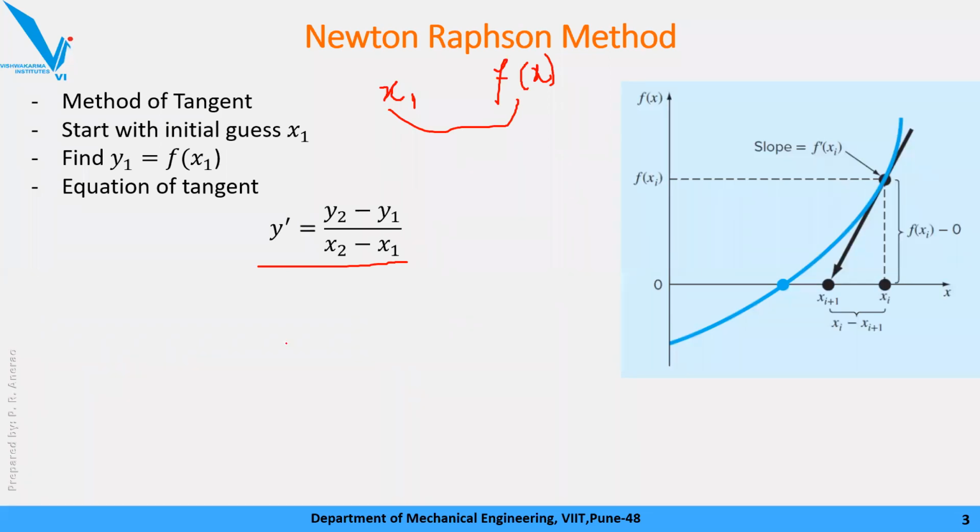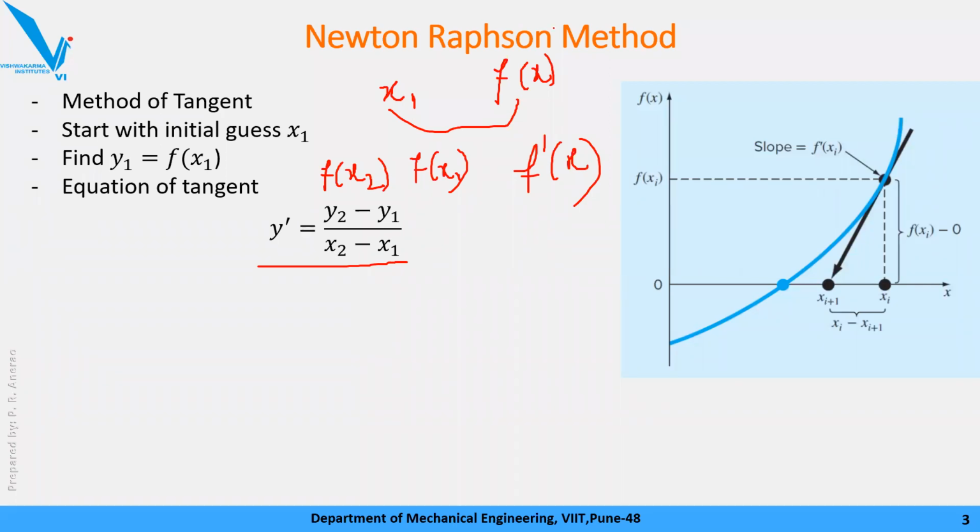What have we done? y dash is nothing but the slope of the function, which is f dash of x. y2 is nothing but f of x2, y1 is f of x1, and x2, x1 are given. So I have modified the equation a little bit.